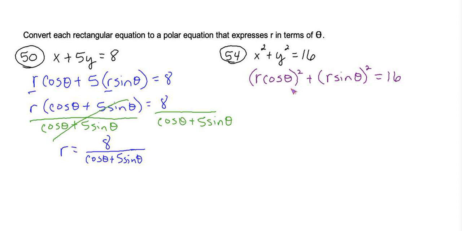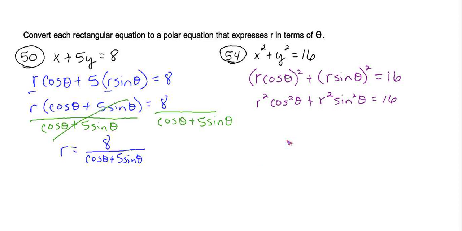Now, I've got to square these. That's going to give me r squared cosine squared. Remember, this is the shortcut way we write cosine of theta squared, the quantity squared, is just we write it cosine squared theta plus r squared sine squared theta equals 16.